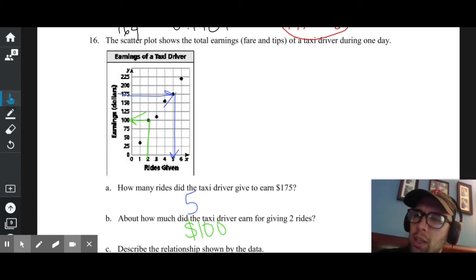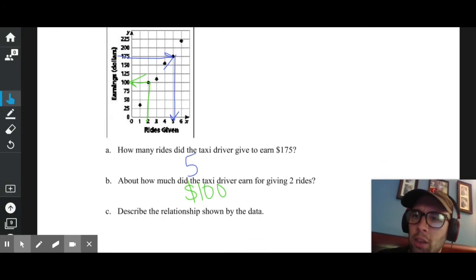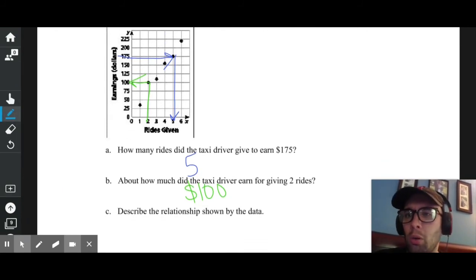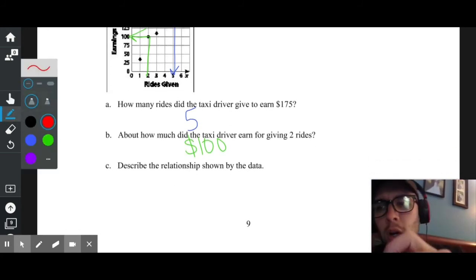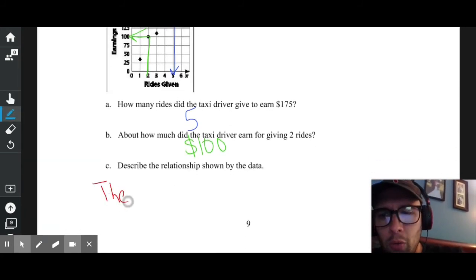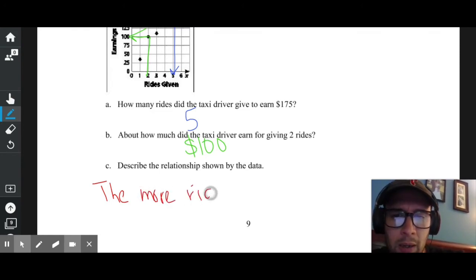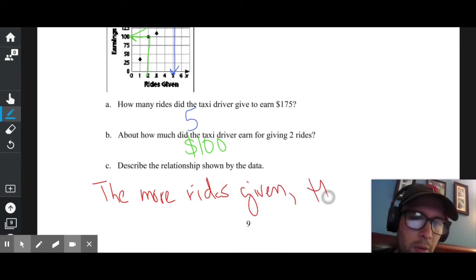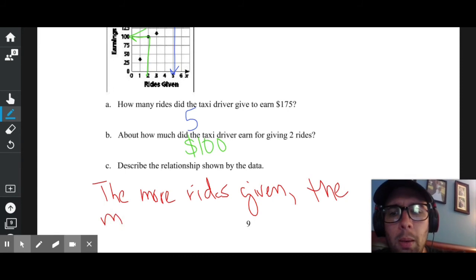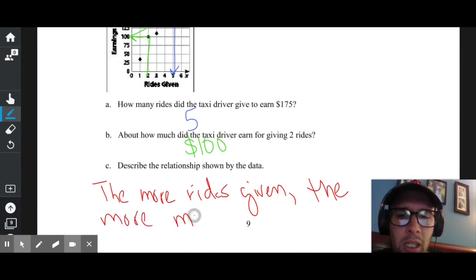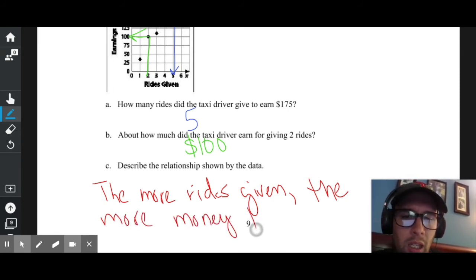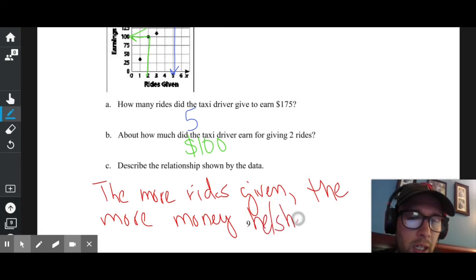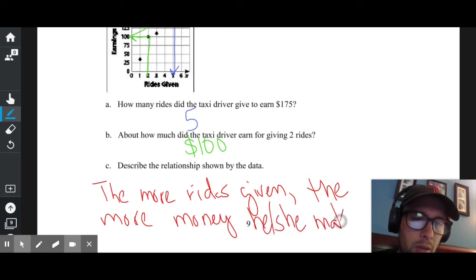And describe the relationship in the data. Well, it seems to me that the more rides given, the more money he or she makes.